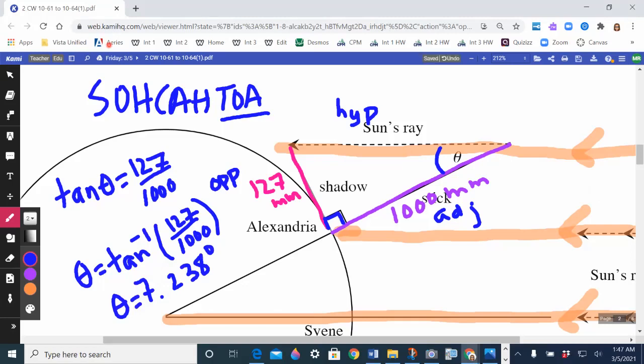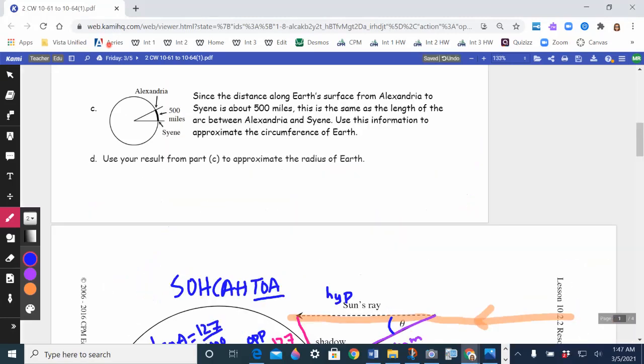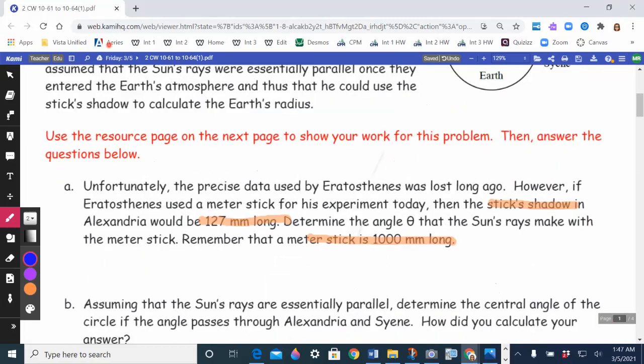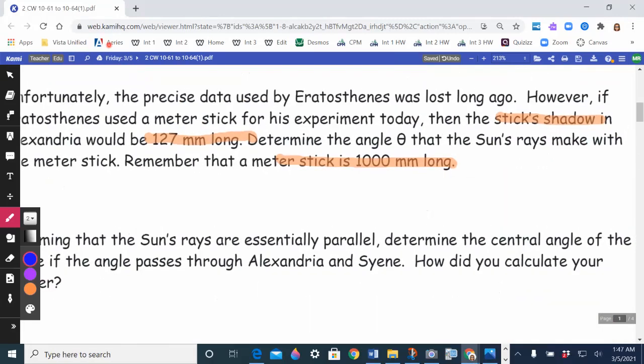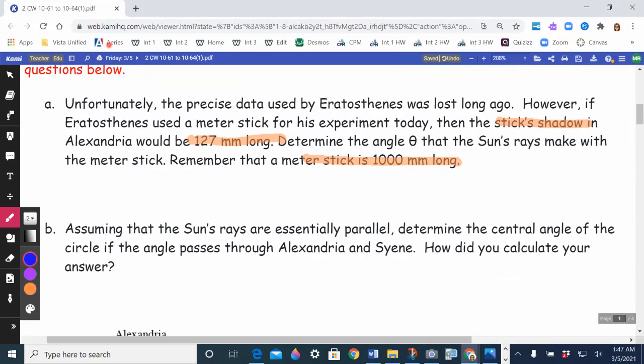Okay. So I'm going to go back to this worksheet here. It says determine the angle the sun rays make with the meter stick. So theta is equal to 7.238 degrees.